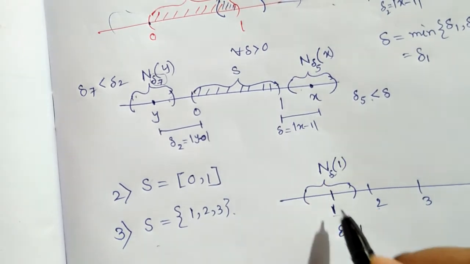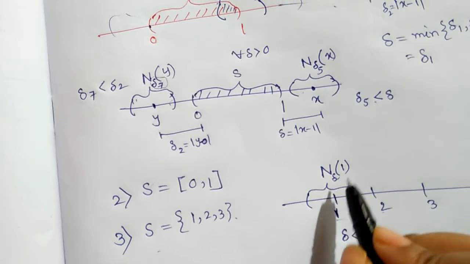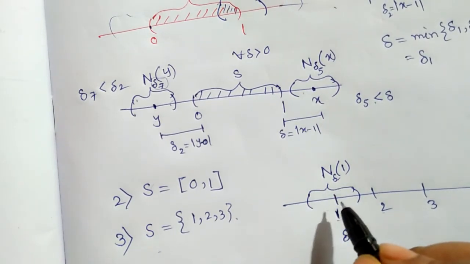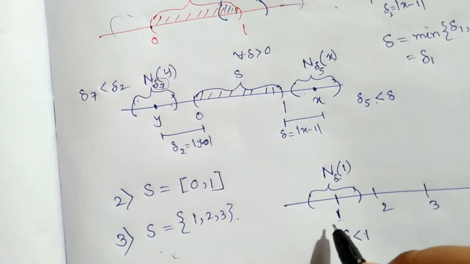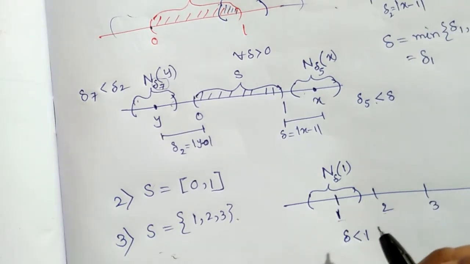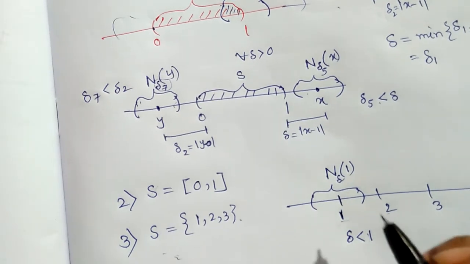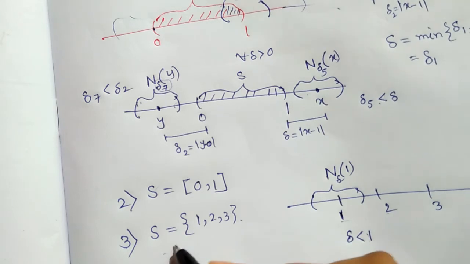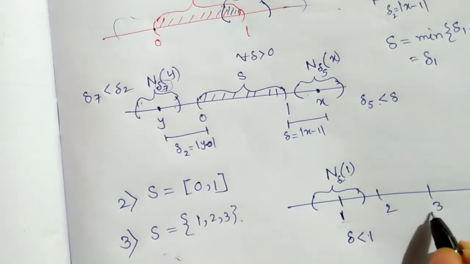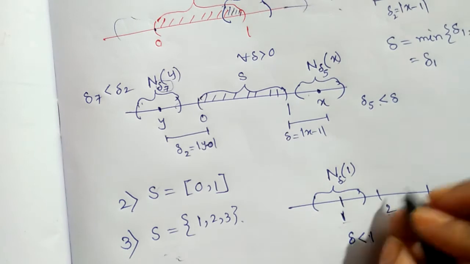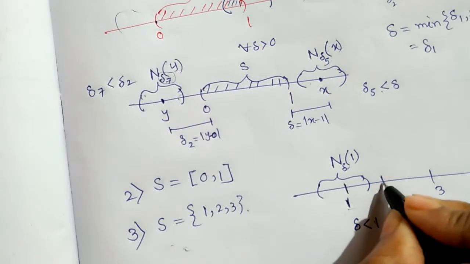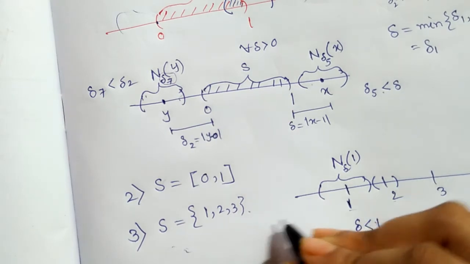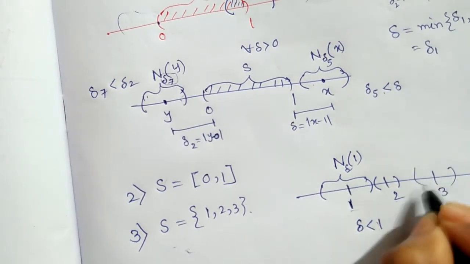In this case N1 delta contains no point of S other than 1. Therefore, 1 is not a limit point of S. Similarly, 2 and 3 are not limit points of S. In case of 2, we get a neighborhood which contains no point of S other than 2, and for 3 also.